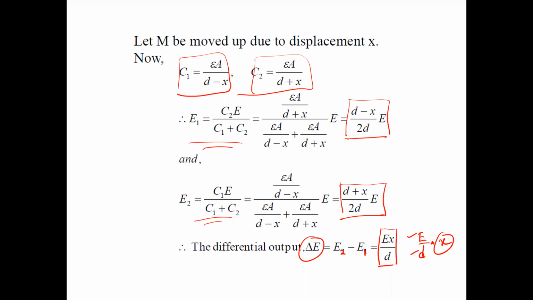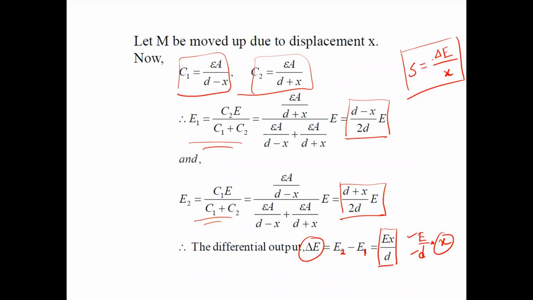And also from here, the sensitivity of this sort of an arrangement can be written. So the sensitivity will be the change in differential voltage with respect to the change in displacement. That can indicate the sensitivity of this sort of a differential arrangement.